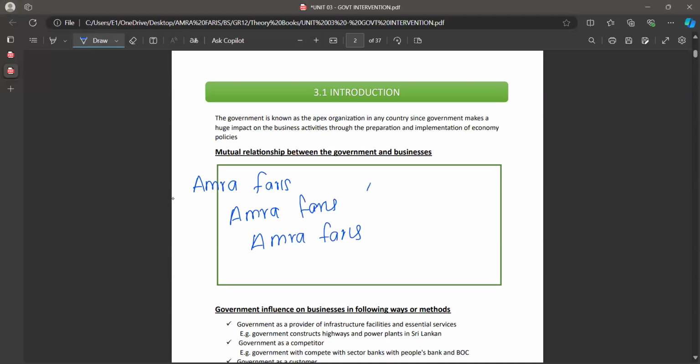Can I use this audio? I mean, when I'm writing, is my audio lagging? No? Then I can use this audio, no problem. All right, then I can use the audio, okay?